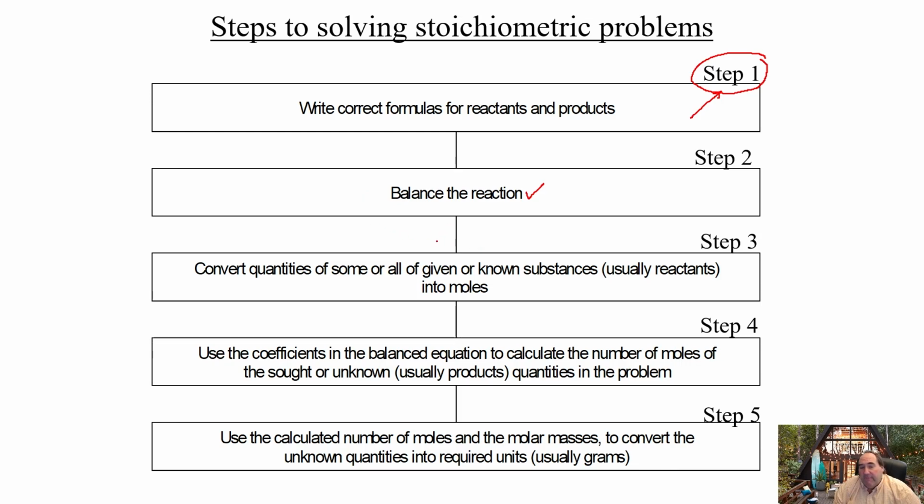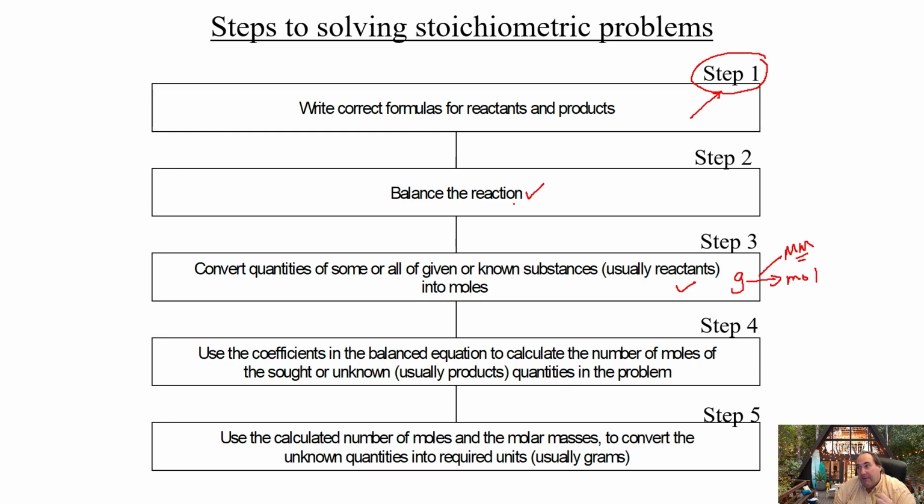Next thing you want to do is convert whatever they give you into moles. So this is a normal step. A lot of times you're going to get it in grams, and then you're going to take it to moles. And as we just talked about, that's going to be your molar mass from the periodic table that you're going to use to do that. Now, you may be in some other units.